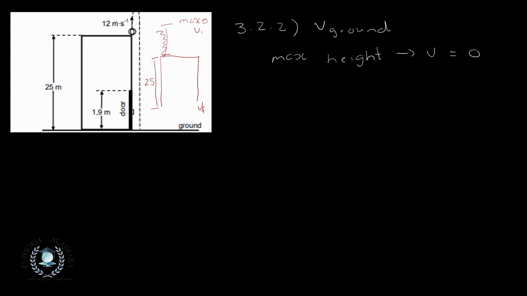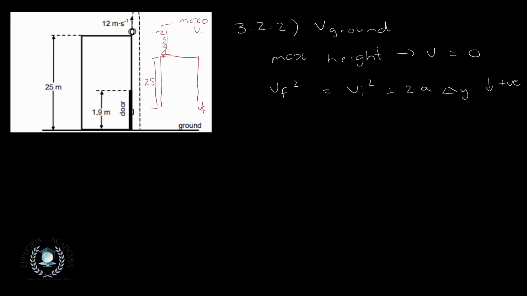Alright, so let's find that height that it has traveled. Okay, so we're going to be using Vf squared is equal to Vi squared plus 2a delta y. Now I'm still taking downward as positive.